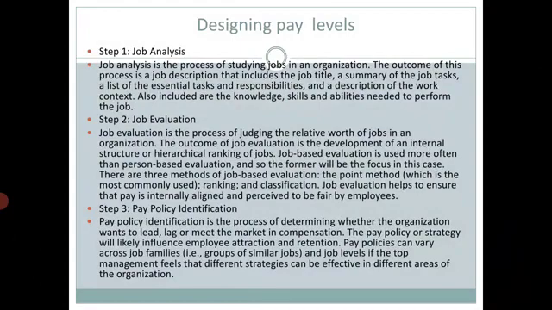So the former will be the focus in this case. Whenever organizations do job evaluation, they should always focus on the job, not on the person.